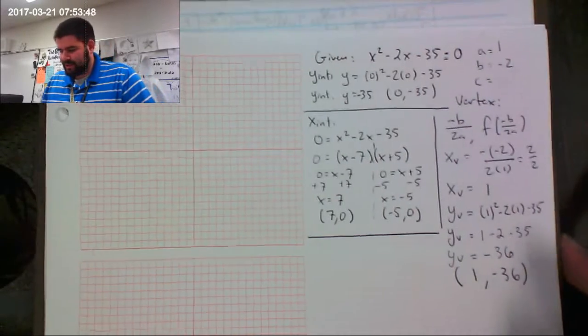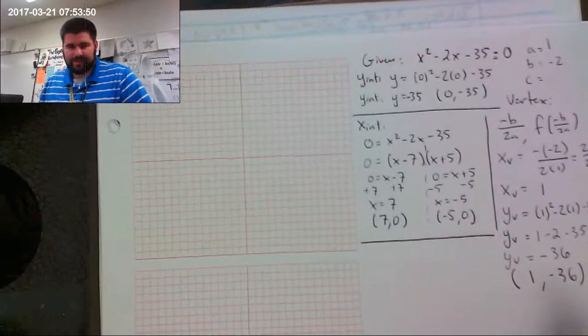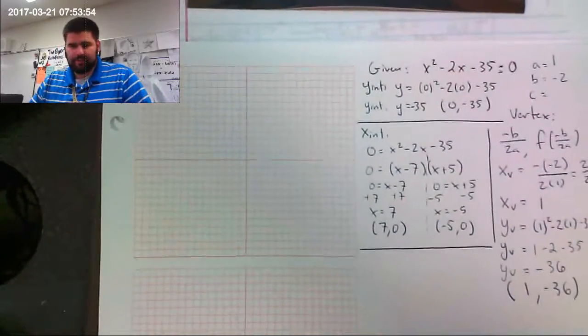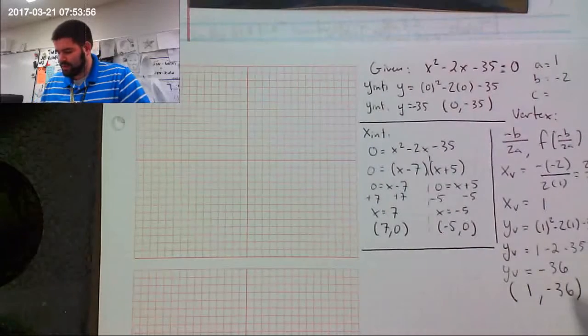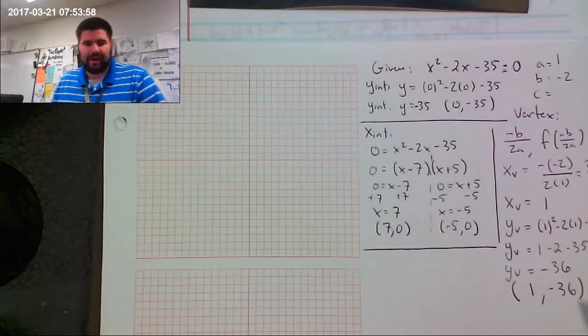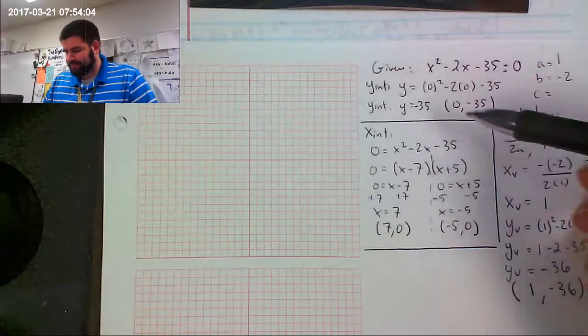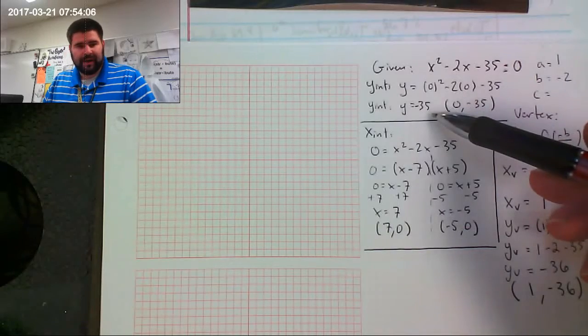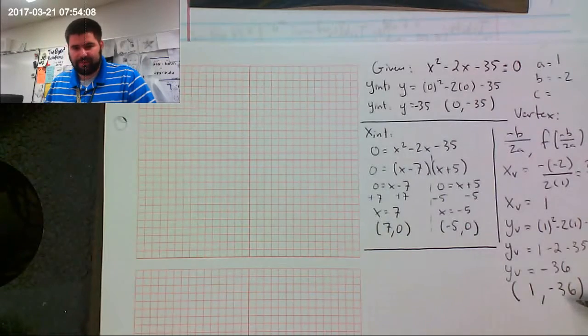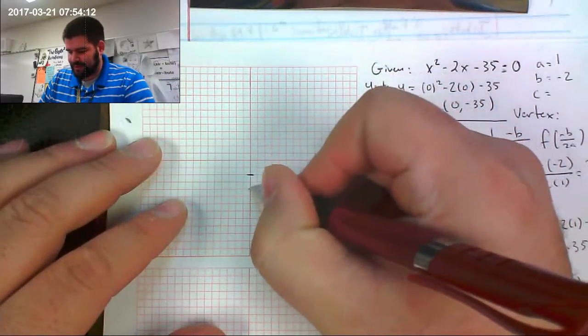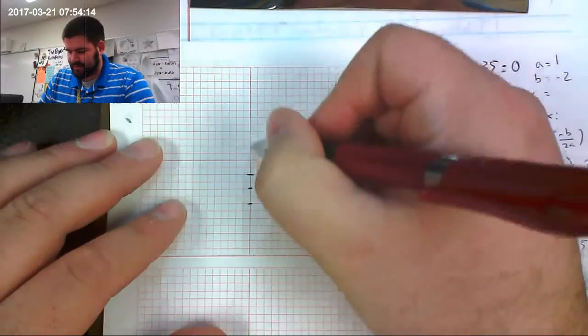Now this is going to be a little tricky because I'm going to have to change the window of my plane here. So I always like to look at how far down or how far up the y-axis I'm going to have to go. It looks like negative 35 for the y-intercept and negative 36 for the vertex. So I'm going to count by tens along the y-axis.